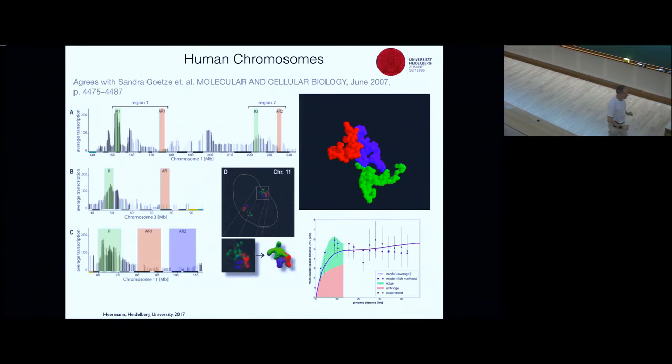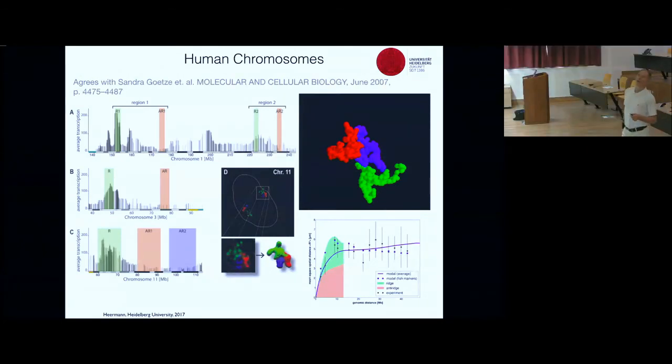The experiment for this is shown here, where again, in Rolf van Driel's group, they labeled different parts of all kinds of chromosomes. Here are shown the results again for human chromosome 11, the green region, the red region, and the blue region.